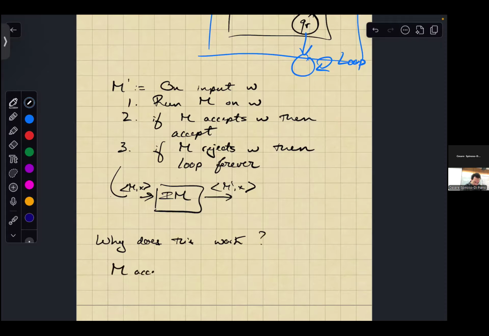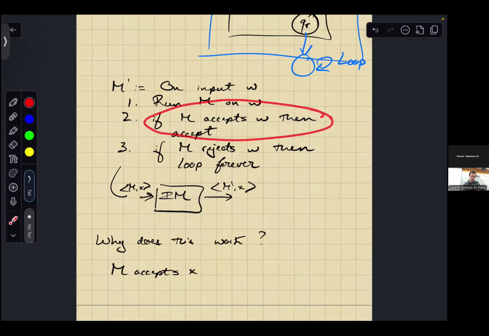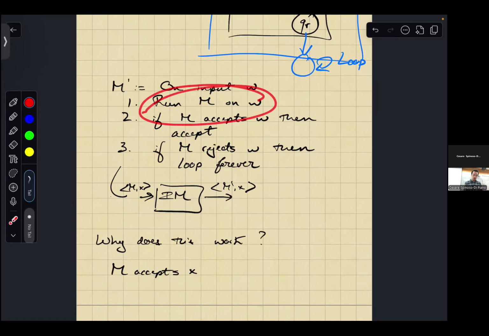M accepts X, right? So M accepts X if and only if this line executes, right? And so this line executes if and only if M prime halts, right? Because otherwise M prime will not halt. Either it will be stuck in an infinite loop here, or it will be stuck in an infinite loop here, right?